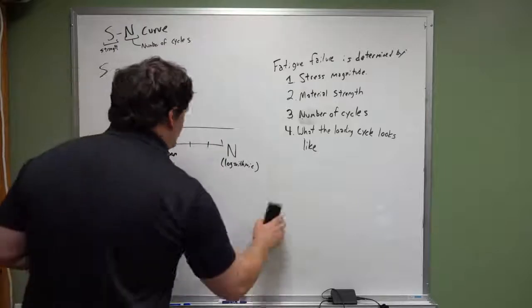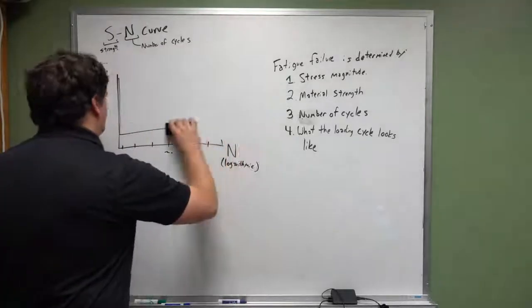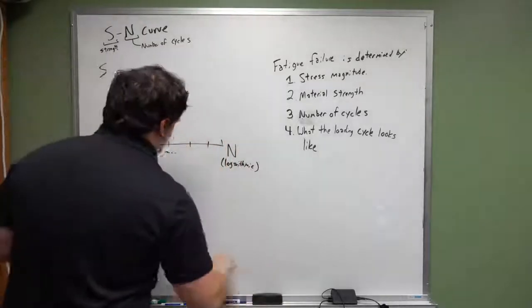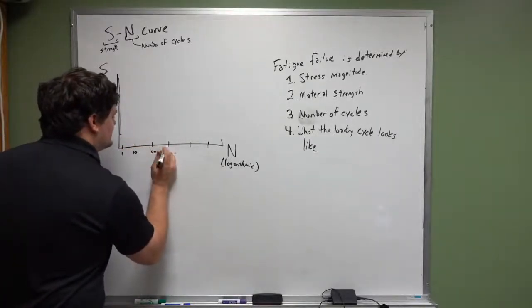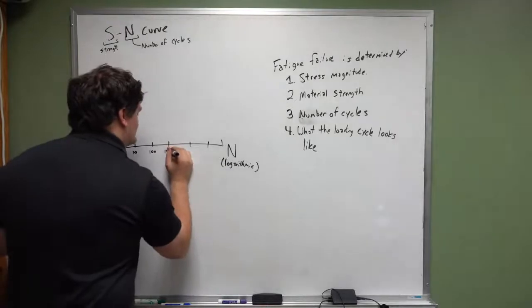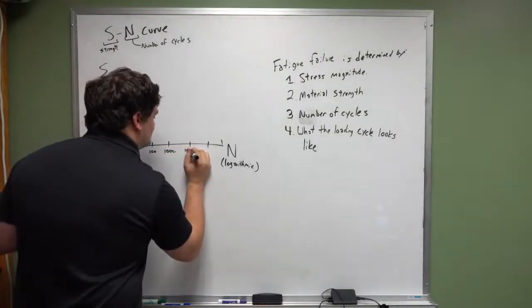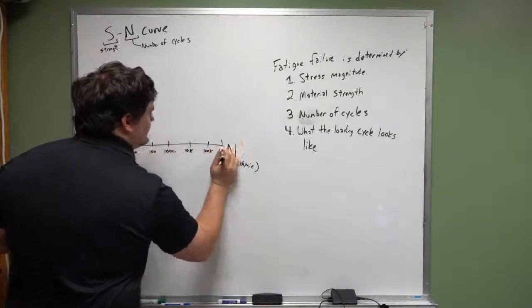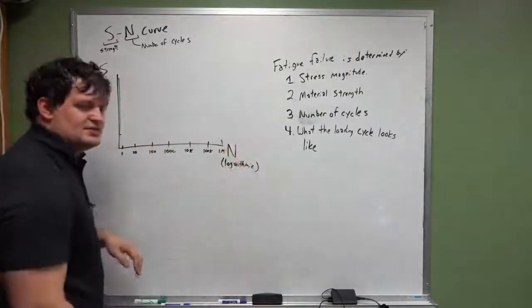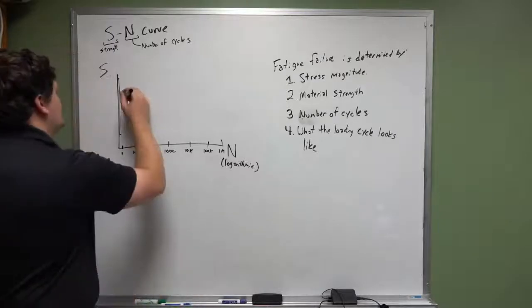So that's where the logarithmic scale tends to look better, because in a logarithmic scale, you can see the differences in cycles between 1, 10, 100, 1,000, 10,000, 100,000, a million, 10 million, et cetera.